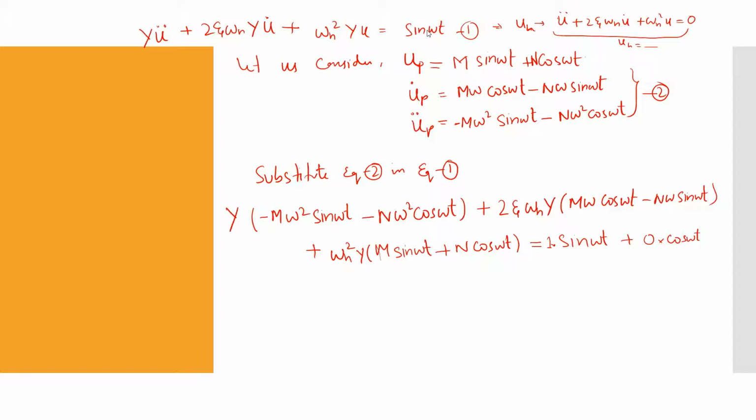Why have we written it in this manner? So that we can compare the sine and cosine coefficients on both sides, and easily find out the values from here. If we solve it, we will get n equals minus 2 xi omega n into omega upon omega n square minus omega square, into m.